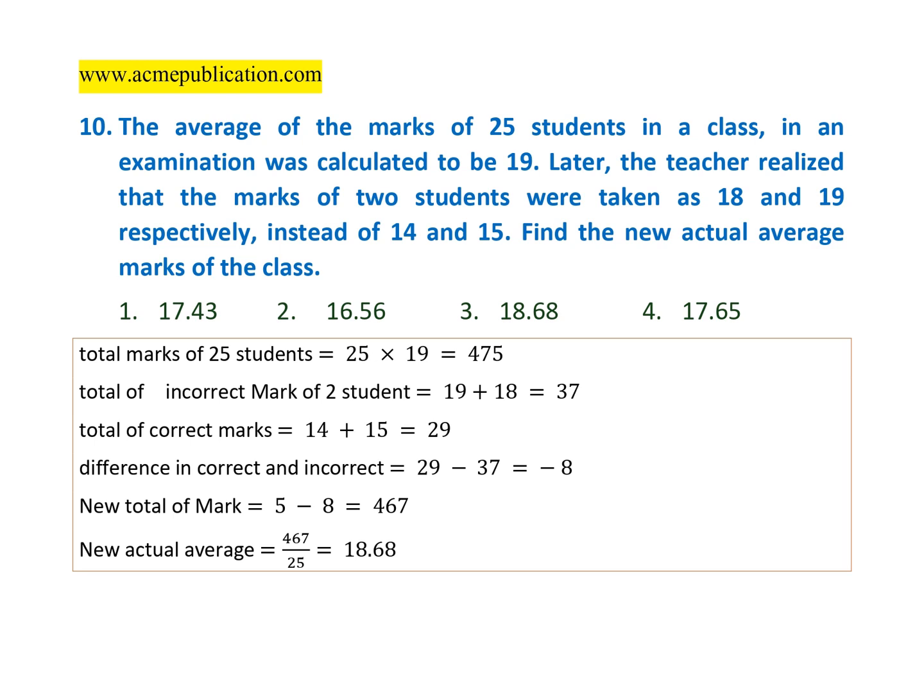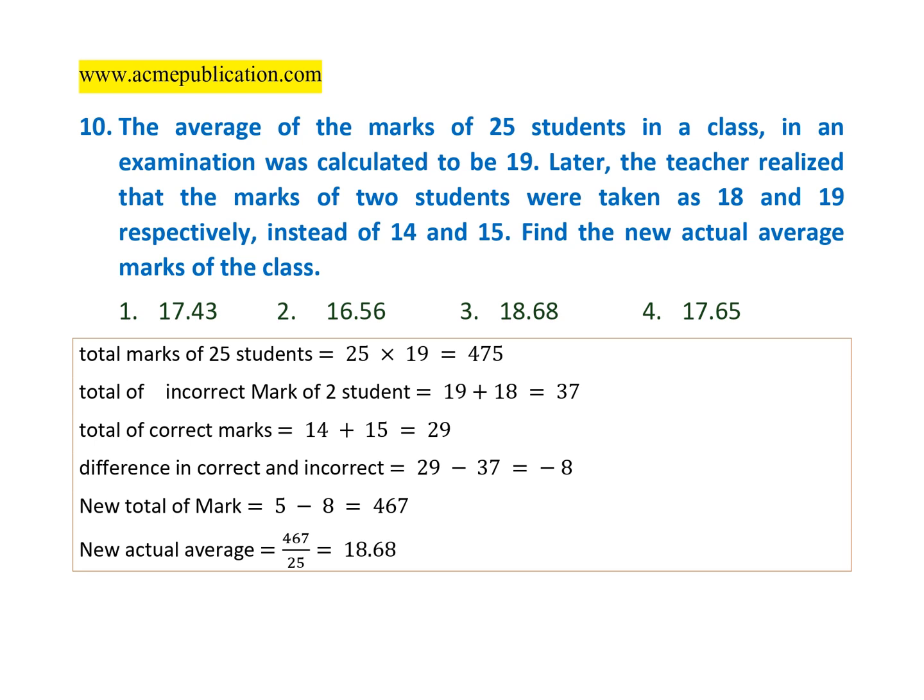Question 10. The average of the marks of 25 students in a class in an examination was calculated to be 19. Later, the teacher realized that the marks of 2 students were taken as 18 and 19 respectively instead of 14 and 15. Find the new actual average marks of the class. So, total marks of 25 students, as we know, 25 multiplied by 19 is equal to 475.